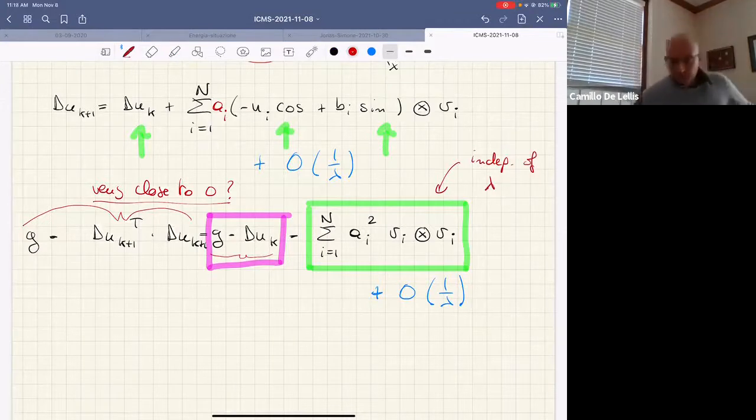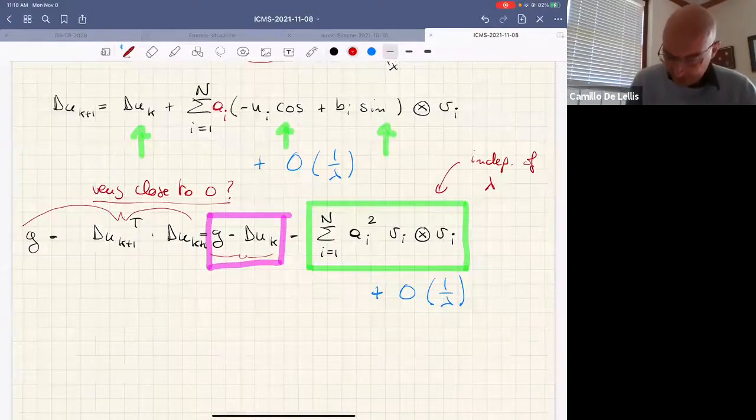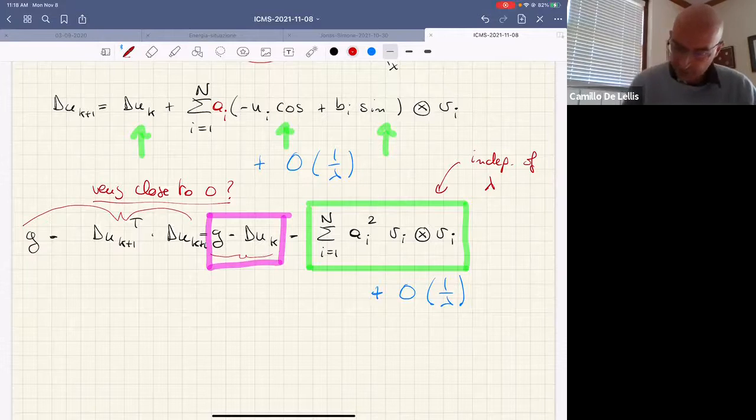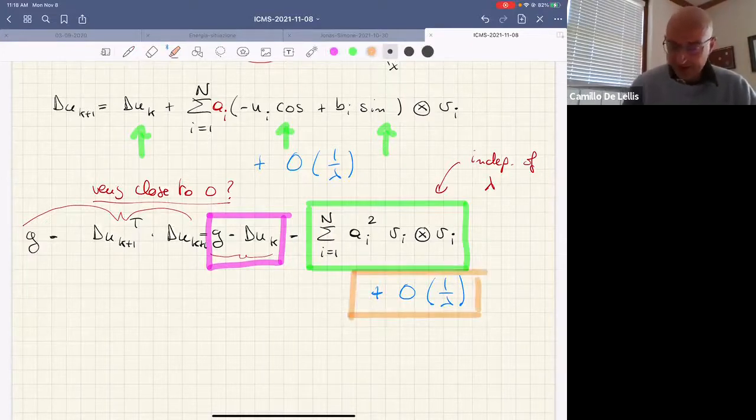Instead of making it exactly equal to 0, as I was doing before, I can make it equal to something positive but small, and then choose lambda very large so that when I add the errors, this remains positive and small. So I'm not going to care too much about this error over here. I just ignore it, and I want to solve this.